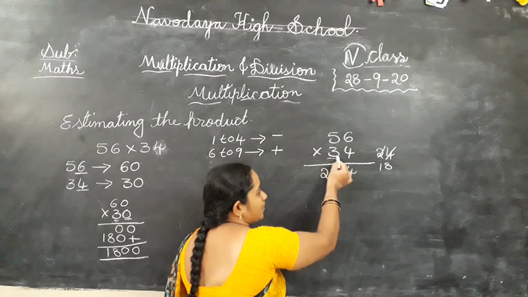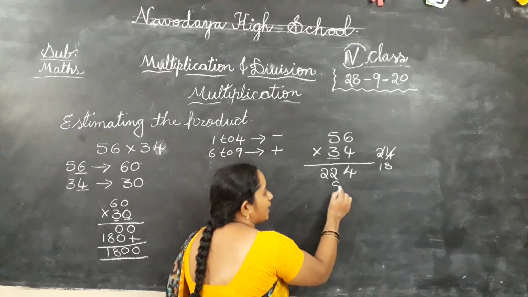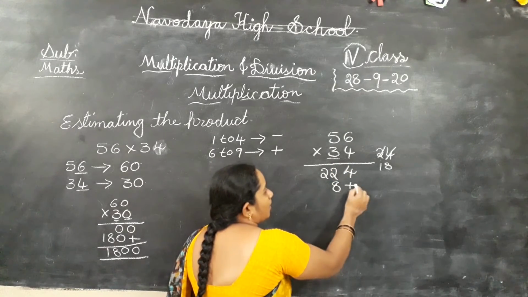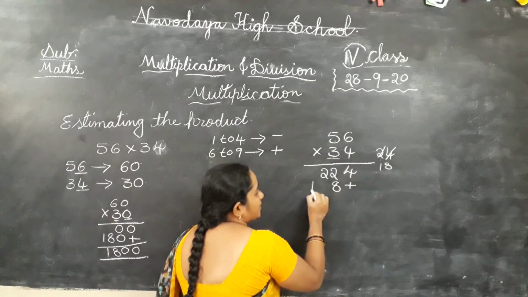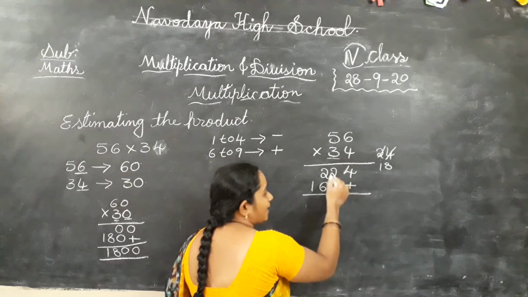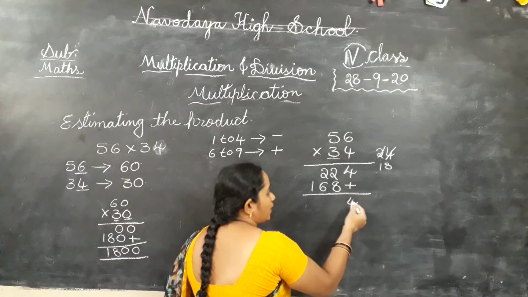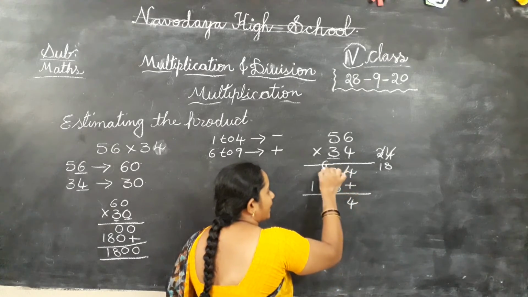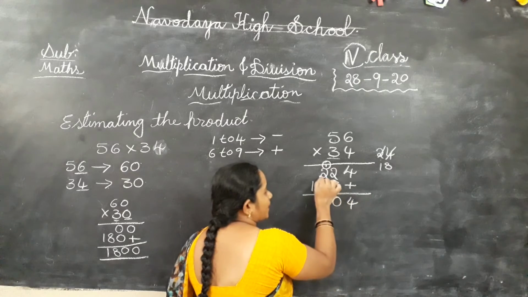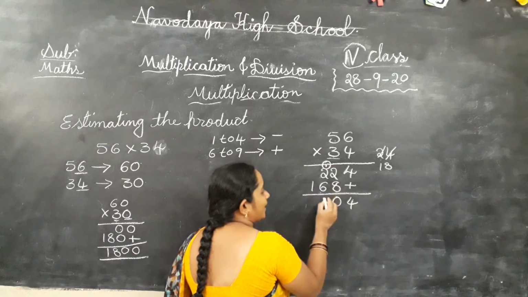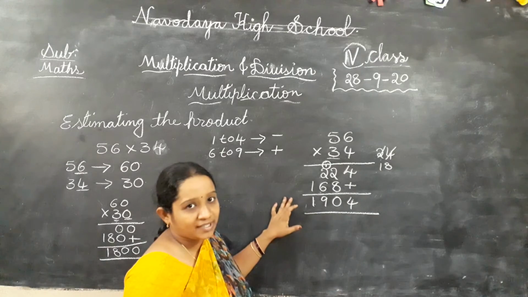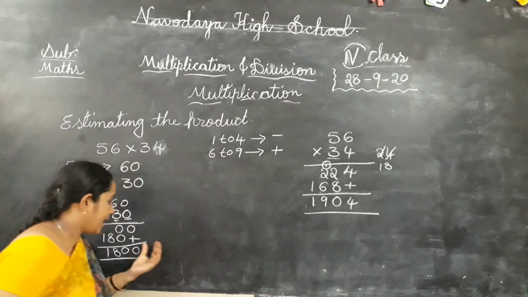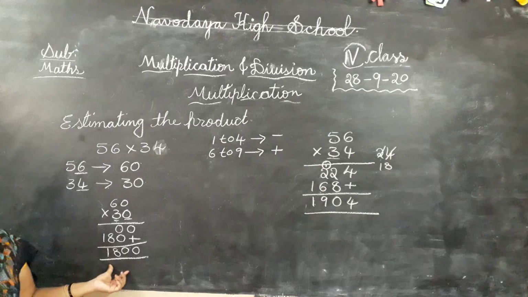This is the tens place digit, so write the number under the tens place. 3 5s are 15. 15 plus 1 is 16. So add these two rows. 4, 8 plus 2 is 10. 6 plus 2 is 8. 8 plus 1 is 9, 1. 1904 is the actual answer, children. 1800 is the estimated answer.